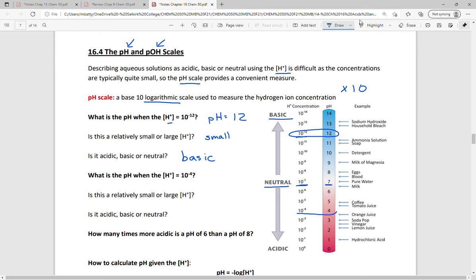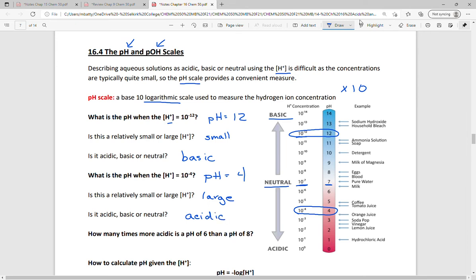Or as it says here, just 10 to the -4, well, that gives me the pH of 4. So logarithmic scales are a way of talking about the exponent in a sense. So it's a relatively large hydrogen ion concentration, and it would make for an acidic substance.